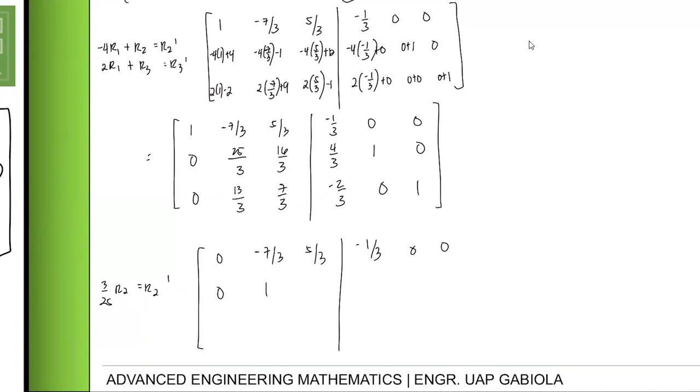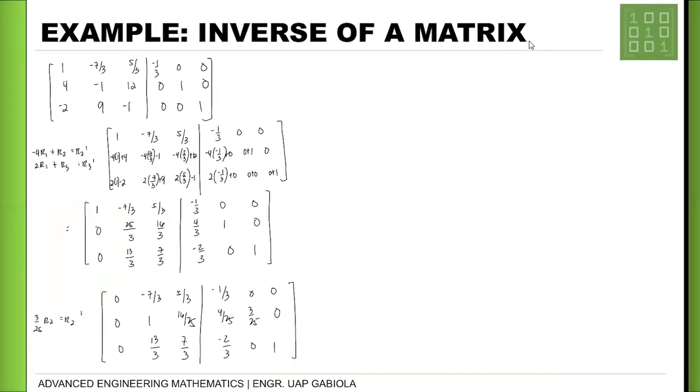So, this will be 1. And this will be 3 over 25. Yung R2 natin, 16 over 3. That is 16 over 25. And we have 4/3 times 3 over 25 is 4 over 25. And we have 3 over 25 and 0 and 0. 13 over 3, 7 over 3, negative 2 over 3, 0 and 1. Okay? So, ito yung new matrix natin.